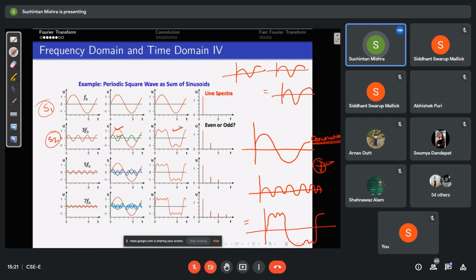Okay, now again to this resultant output we are going to add this signal, which is another low frequency signal. And this is now the corresponding signal.